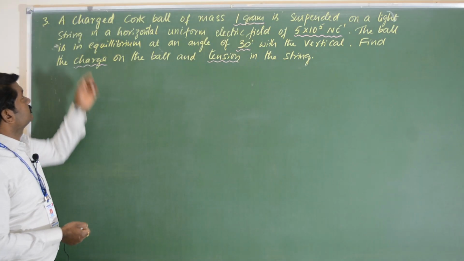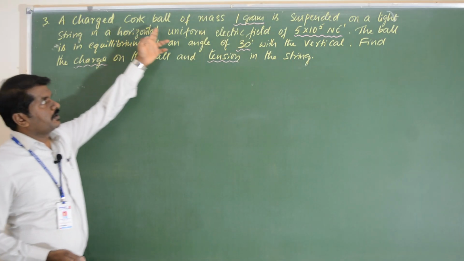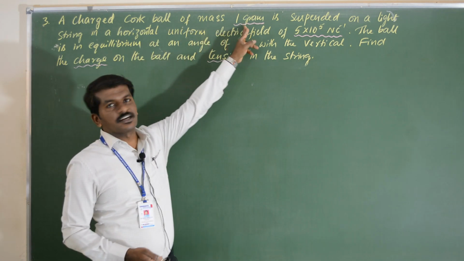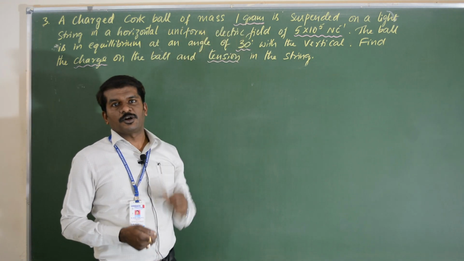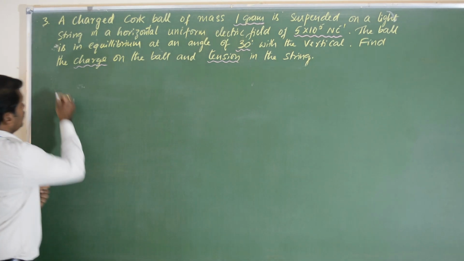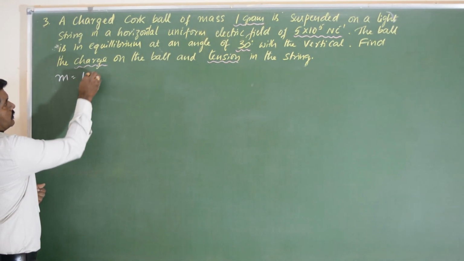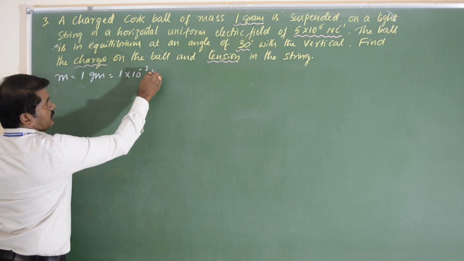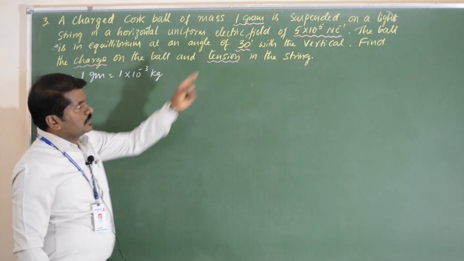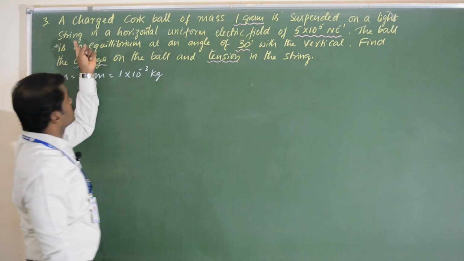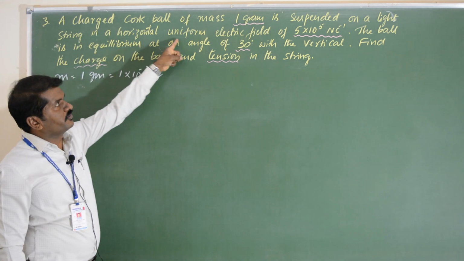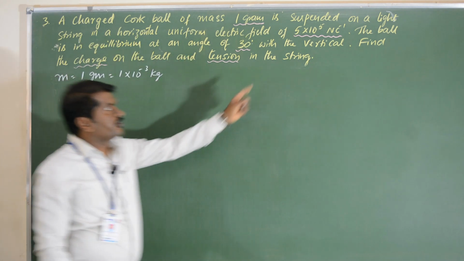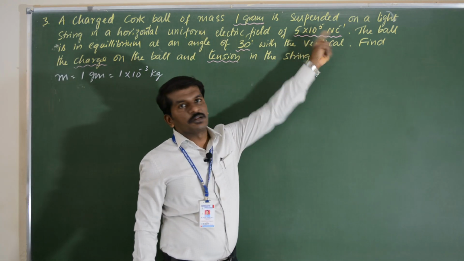Next problem is a charged cork ball of mass 1 gram. In this problem they have given the mass of the ball, that is m is equal to 1 gram, that is 1 into 10 power minus 3 kilogram. It is suspended on a light string in a horizontal uniform electric field of 5 into 10 power 5 Newton per Coulomb.